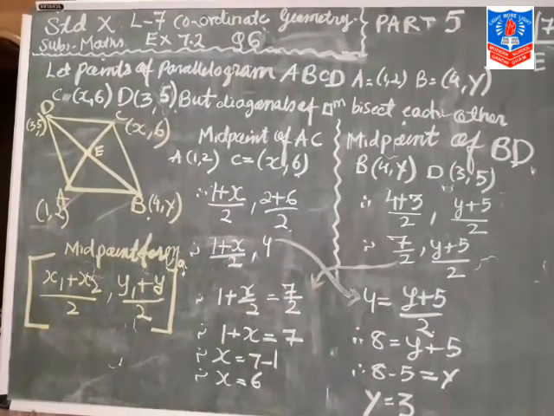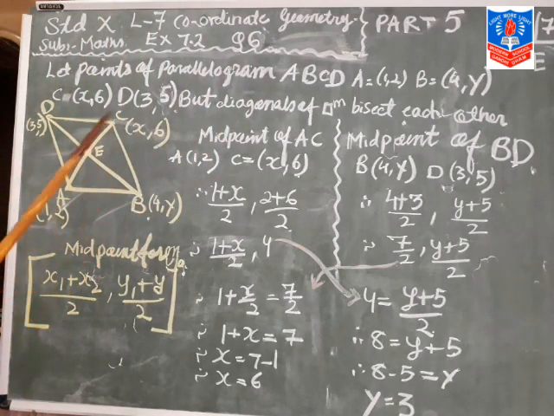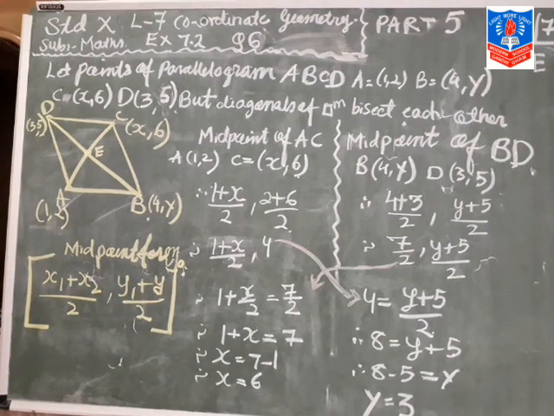Clear? Now here, what is the main purpose? Section formula? Not possible. Distance formula? Not possible. Yes, the midpoint of AC and the midpoint of BD will help us find x and y. Clear children? Now, midpoint formula: x1 plus x2 divided by 2, y1 plus y2 divided by 2.